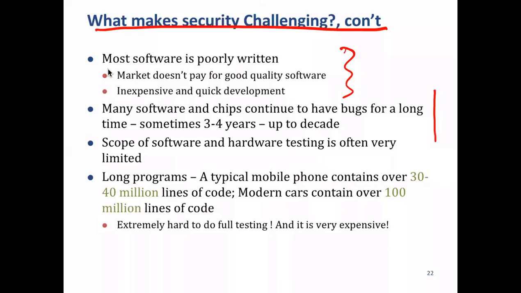Does it mean that new patches are available for that? It means that you put a patch, then the system works. Then does it mean that every organization that is using that software has applied the patch? Of course not. Same thing applies to you. How many of you have updated your OS?